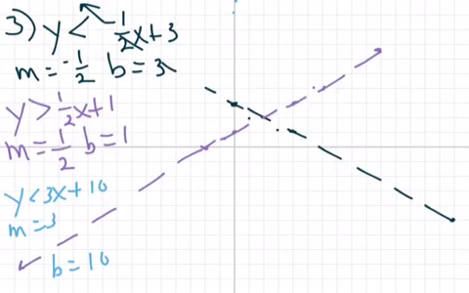So a slope of 3 means to go up 3, right 1, or we can go down 3, left 1. Down 3, left 1. And you can draw how many of those it takes to satisfy you that that's the correct line. Then this line is dashed also because it does not have the equal to.